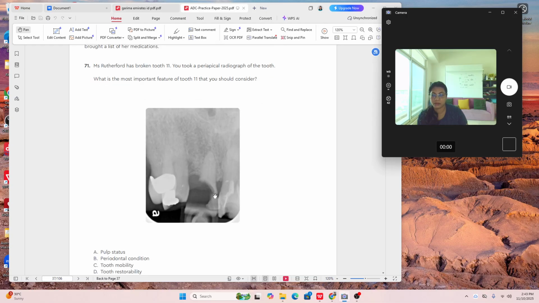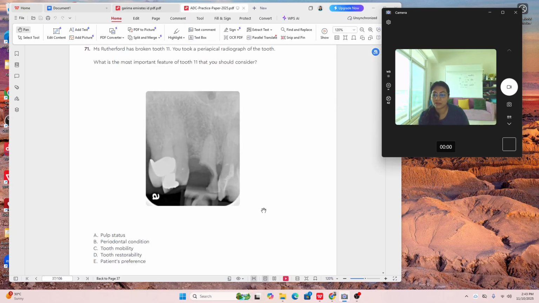When you see such a tooth, the first thing you have to see is, can this be saved before doing anything else? If it can be saved, then only you will proceed to do other tests. But if you see it cannot be saved, it goes straight for extraction, correct? So what is the most important feature of this tooth, or any other tooth that you examine, that classifies whether any further treatment needs to be done or not? That depends on the restorability of the tooth.